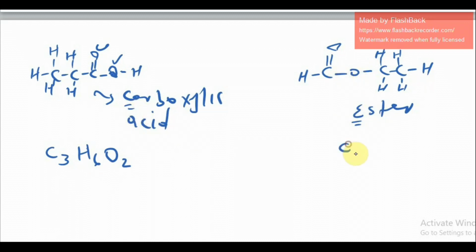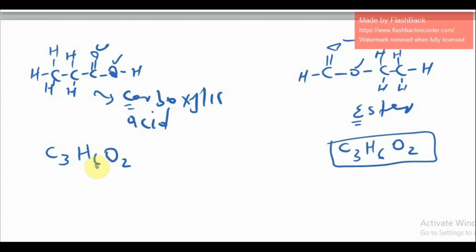I see 3 carbon atoms, 6 hydrogens, and 2 oxygens. This is the molecular formula, and this one is also the molecular formula. But this one is a structural formula, and this one is a structural formula.